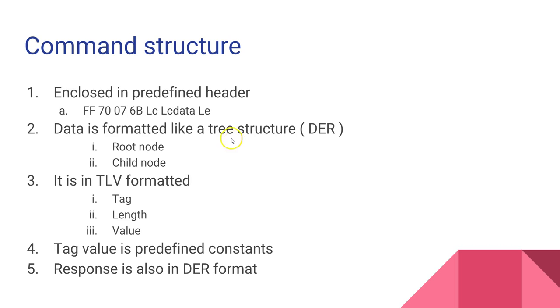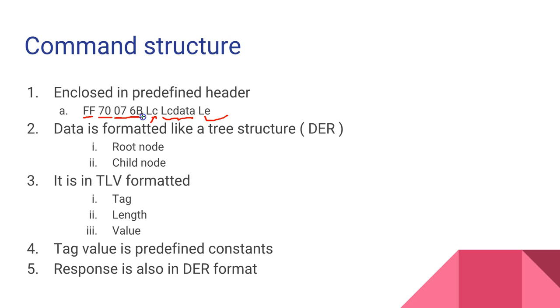Because this video is about how to use these commands using OMNIKEY Readers Vendor, if you look at the documentation, it says all these commands have this fixed header. The class is FF, the INS is 70, and the next P1 is 07 and P2 is 6B, followed by the command data, and this corresponds to the command length and expected output.